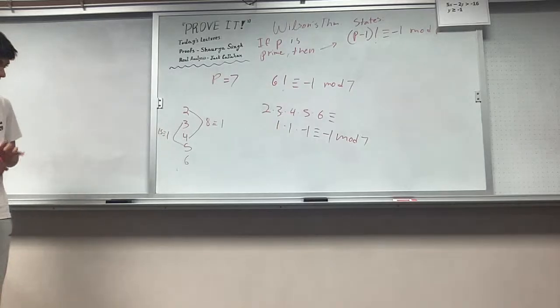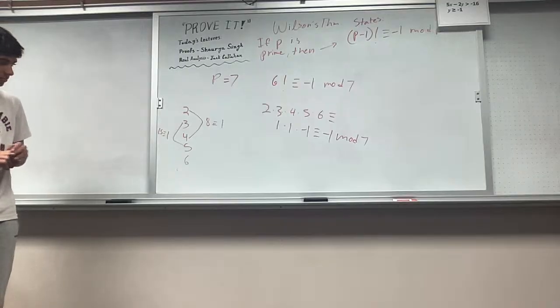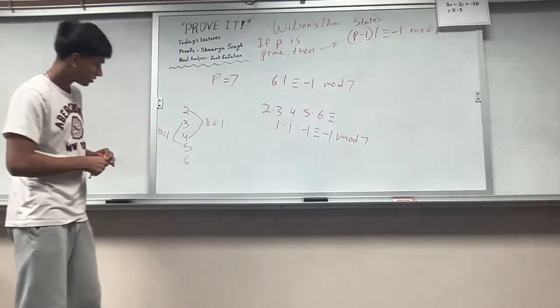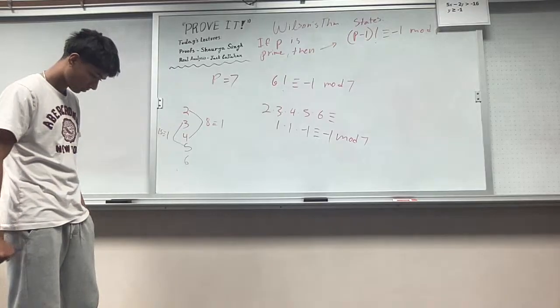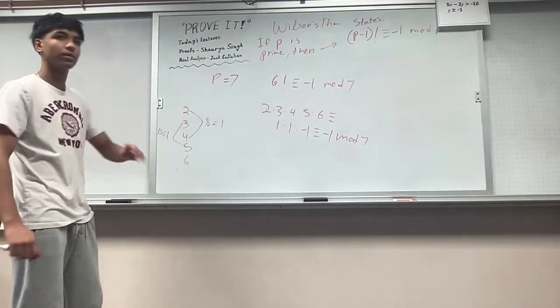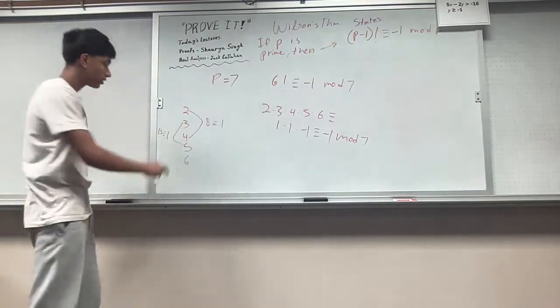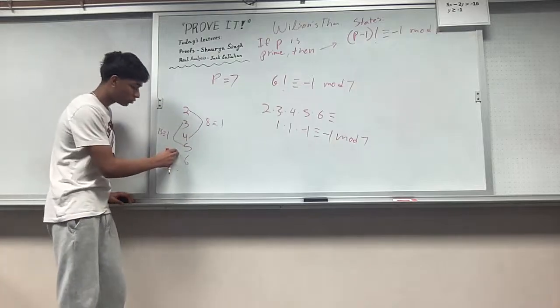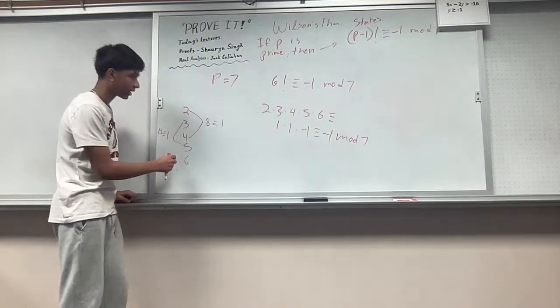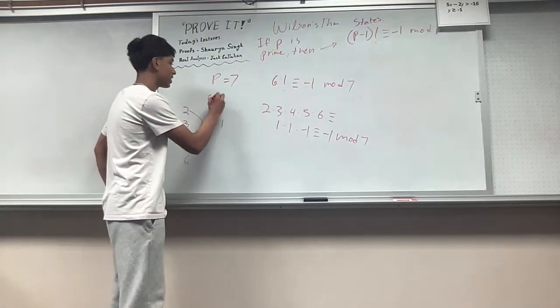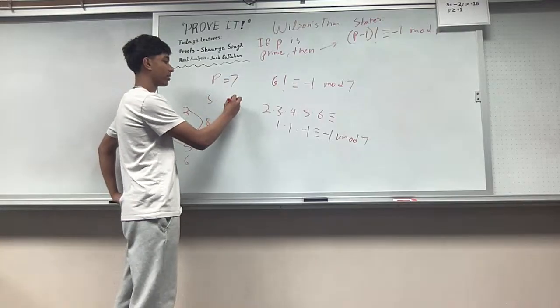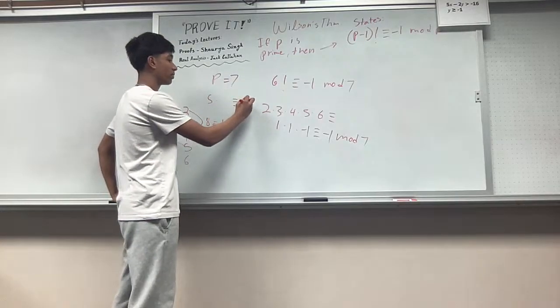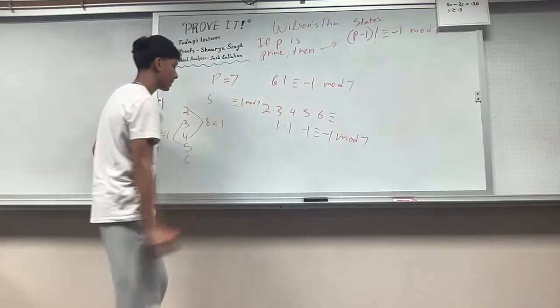You just multiply 5 by some number, and you want to find a number where 5 times it is equal to 1 mod 7.